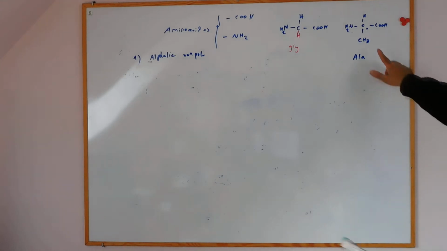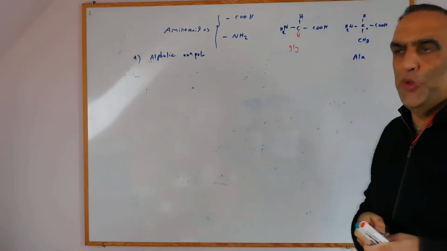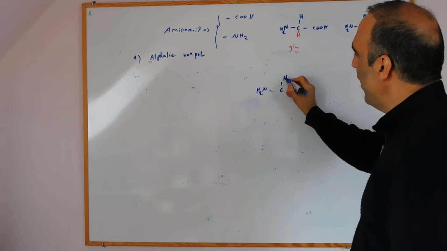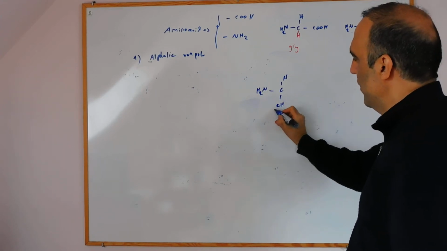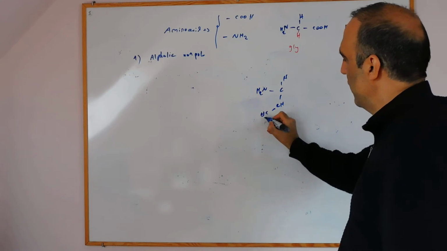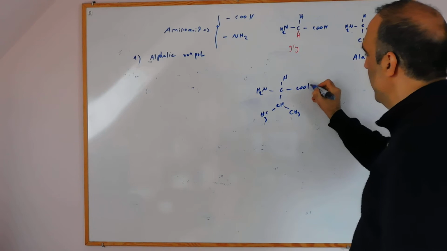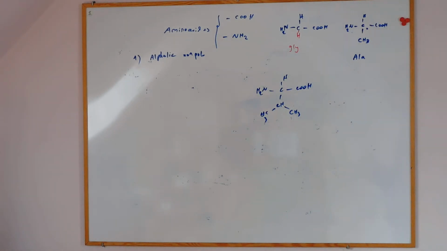But if we have, instead of the R group, an isopropyl, the amino acid will be valine.